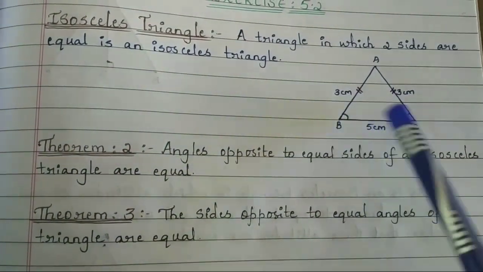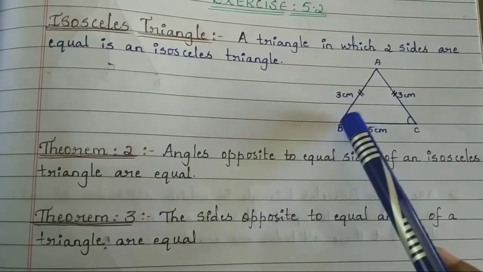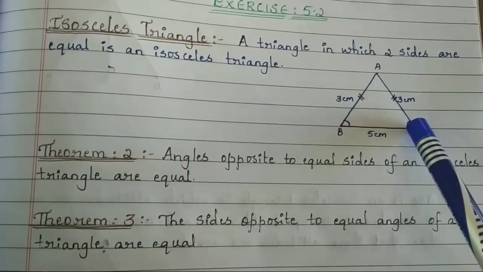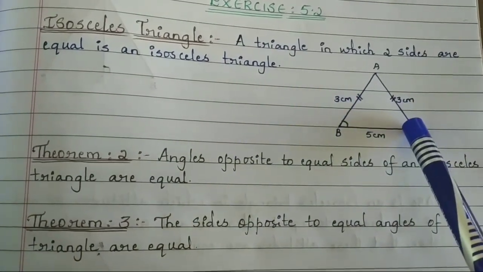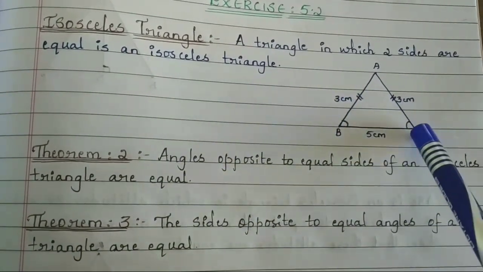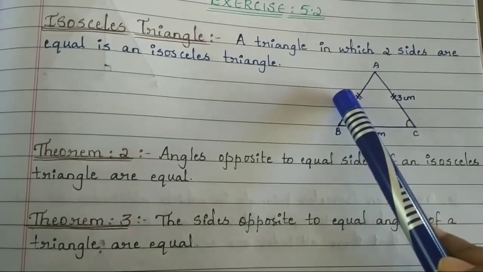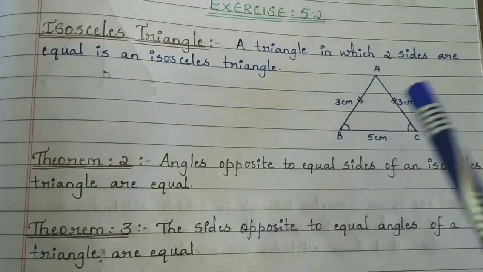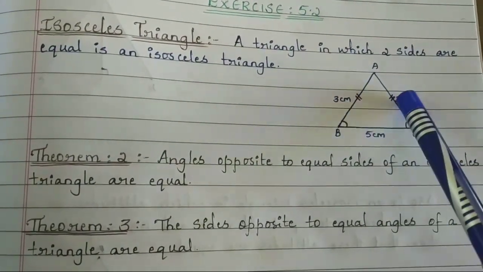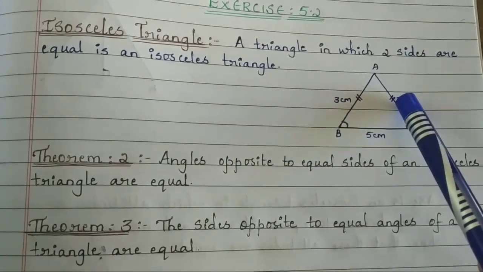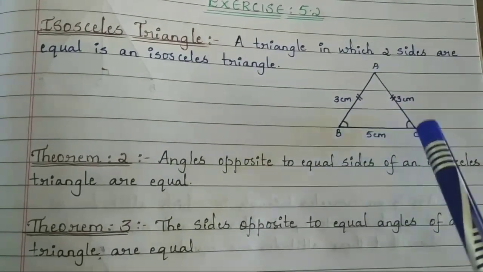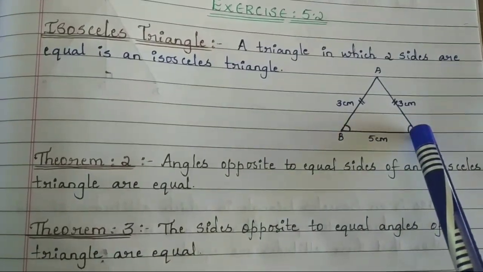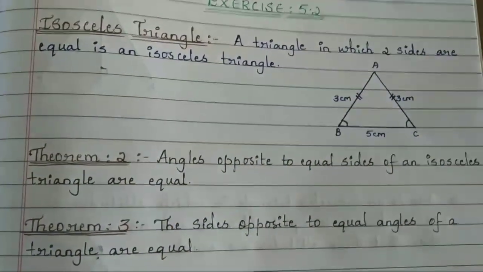One thing you have to remember: if the two sides of an isosceles triangle are equal, then the two angles are also equal, and if the two angles are equal, the two sides are equal.